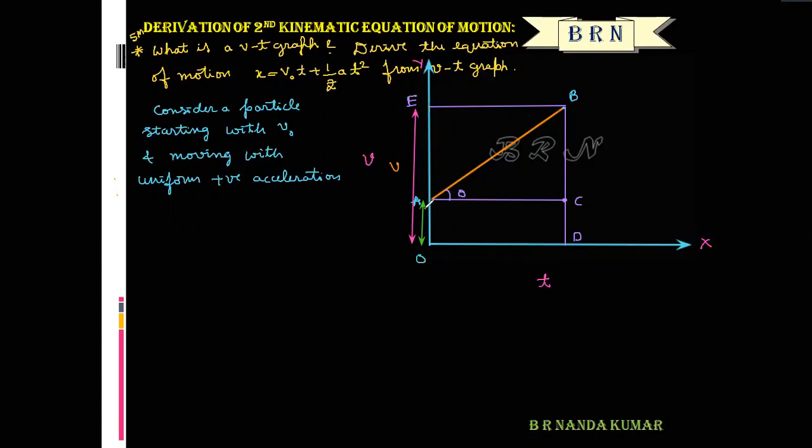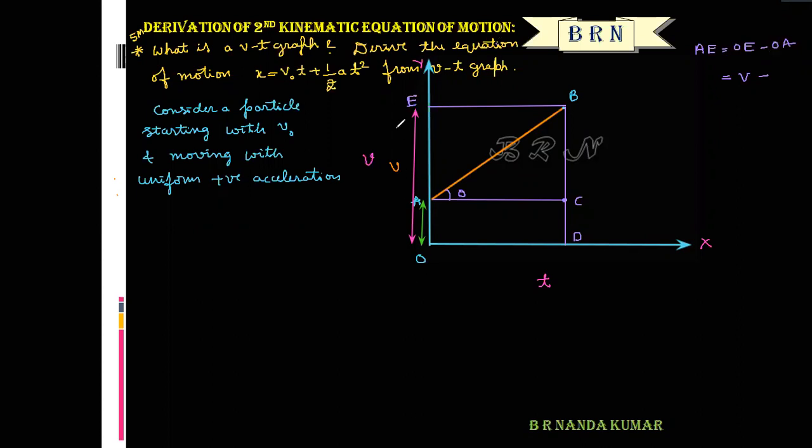So what is the value of AE? AE is OE minus OA.